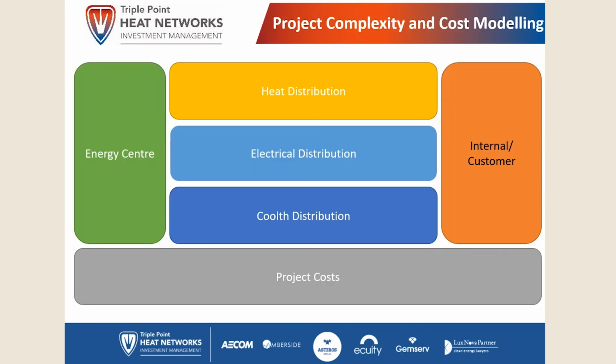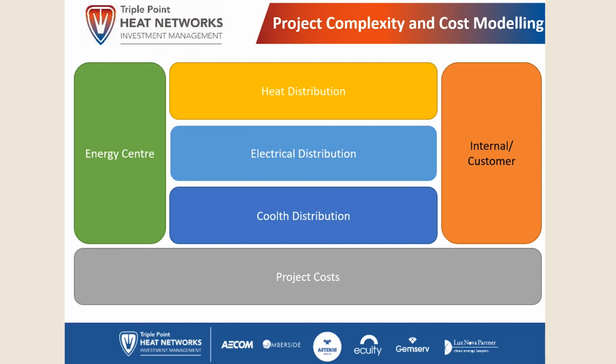In terms of the capital costs, we break that down into 6 different sections. We want to see costs broken down for the energy centre, the distribution networks, which could be all 3 if you've got a complex project, but more usual just to be heat distribution.